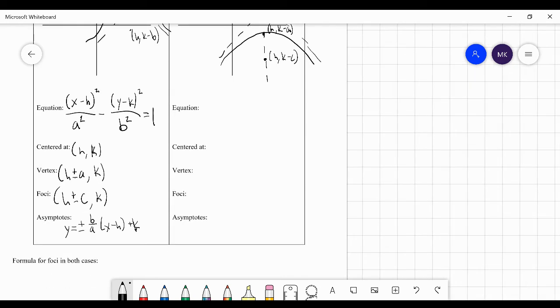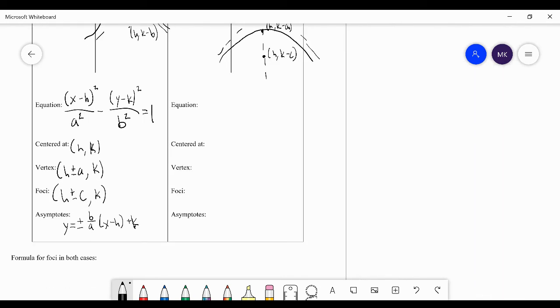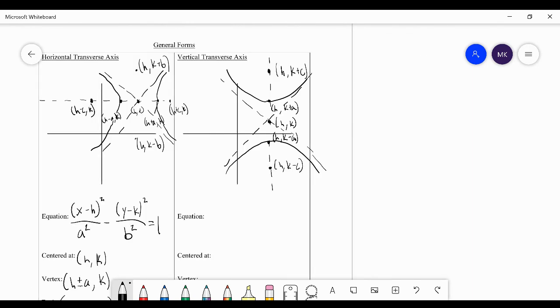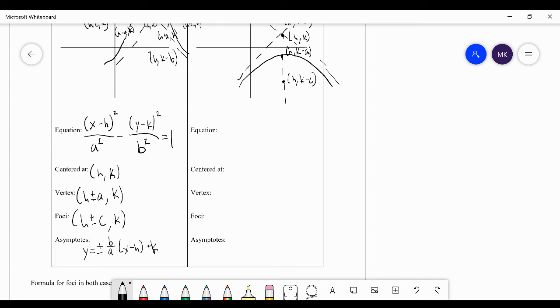So let's look at the equations and all those other good points. Because this is a vertical transverse axis, remember the vertical axis is y. Y is going to go first. So we get y minus k squared over a squared minus x minus h squared over b squared equals 1.